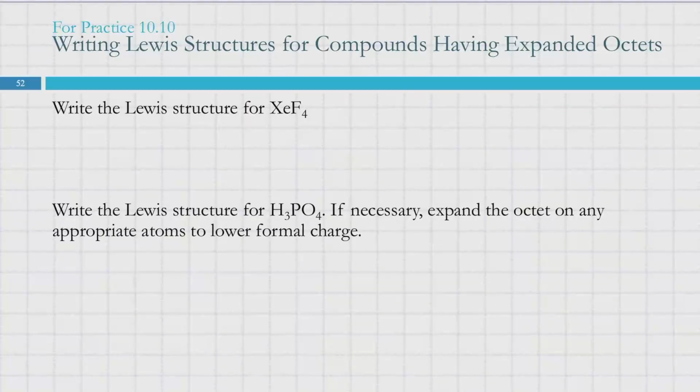Okay, xenon tetrafluoride. We've got xenon, we've got 4 fluorines, each bringing 8 electrons to the table. Xenon is bringing 8 electrons to the table. So we've got 28 plus 8 for a total of 36 valence electrons.